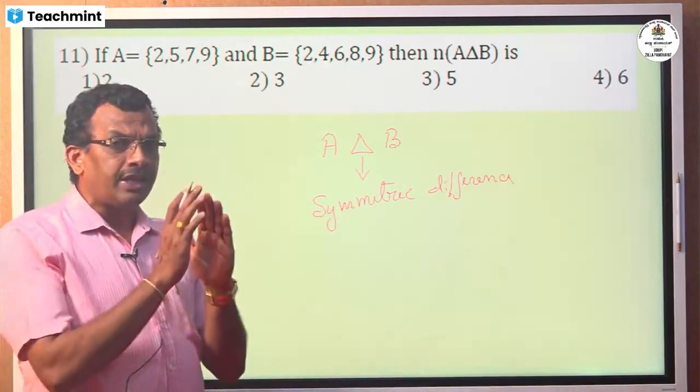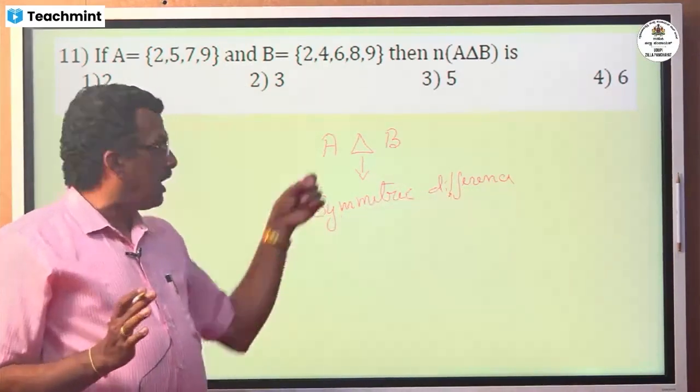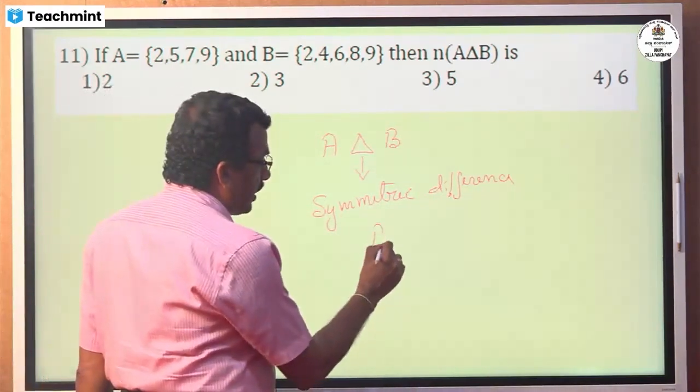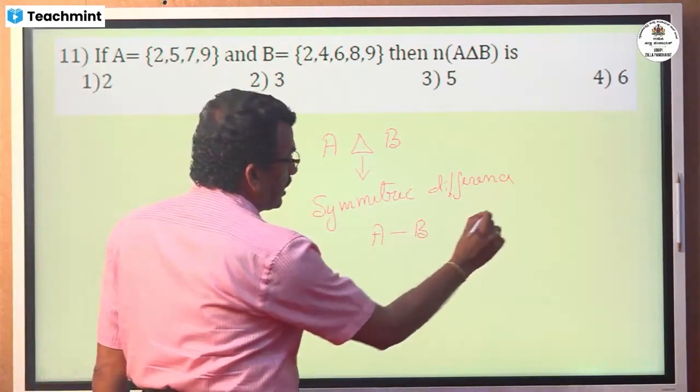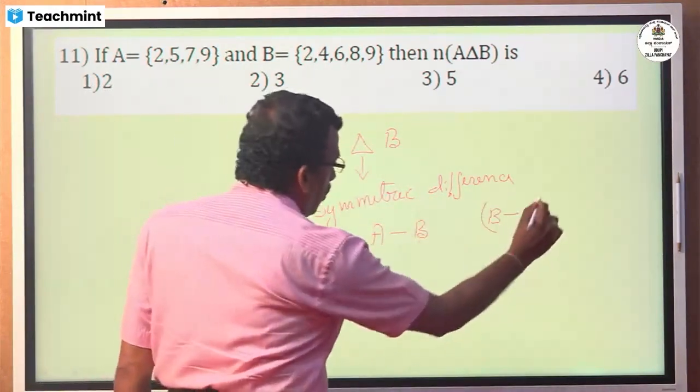Symmetry means two parts. It means there are two parts of the difference here. Which are the two parts of the difference? One is A minus B, another is B minus A. It contains both.